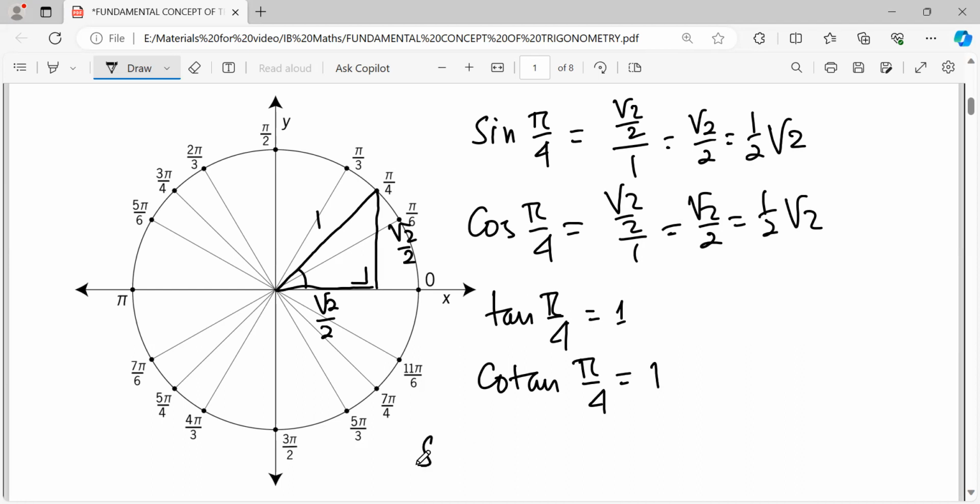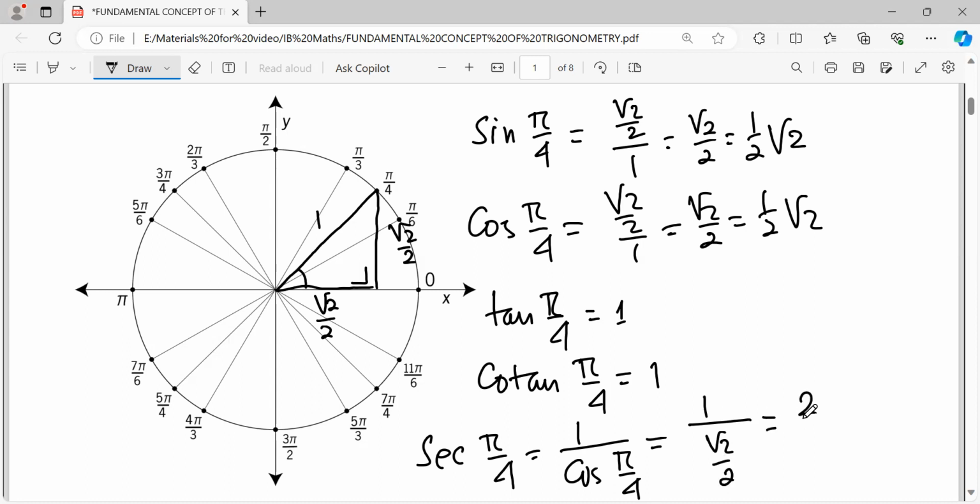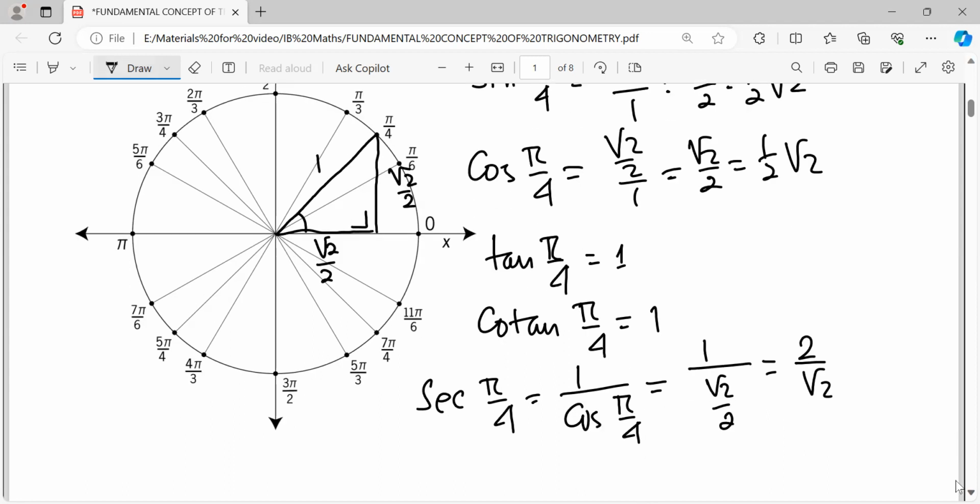Okay. Secant pi over 4 equals 1 over cosine pi over 4 equals 1 over square root 2 over 2. It's going to be 2 over square root 2, and we may simplify.